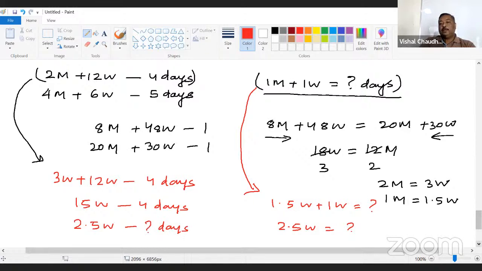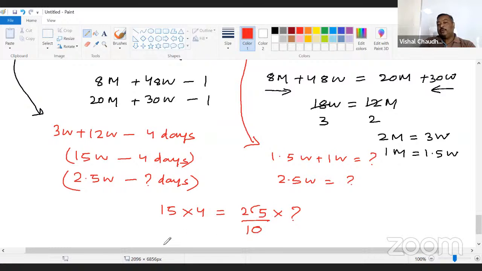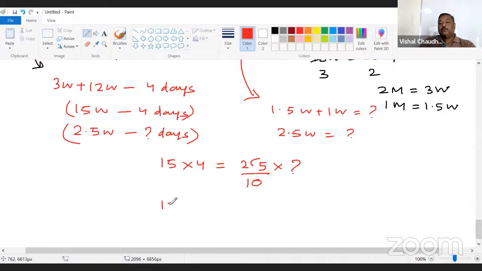अब हम क्या करेंगे? What we will do here is multiply. So 15 into 4 is equal to 2.5 into question mark. So let's go. Question mark को इधर छोड़ के बाकी सबको उधर ले जाओ. So 15 into 4 into 10 divided by 25. 5 से 3 times, 5 से 5 times, 5 से 2 times.